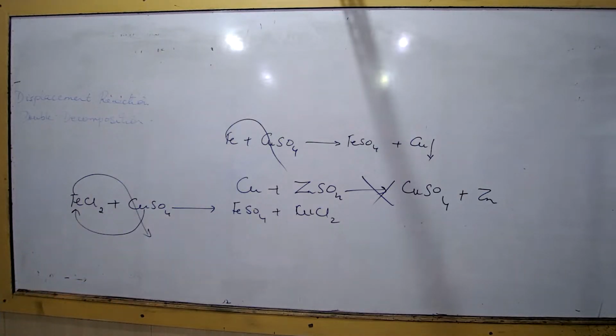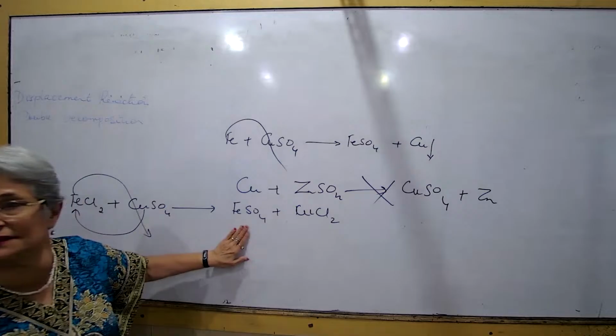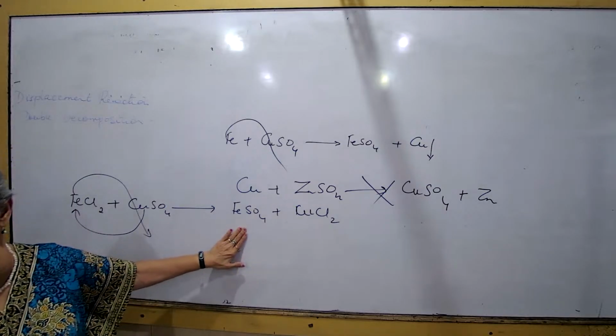Now, in a double decomposition reaction, a precipitate is always found. No gas is liberated, but there is deposition of a precipitate. This is clear? Of the two, this is going to be the precipitate.